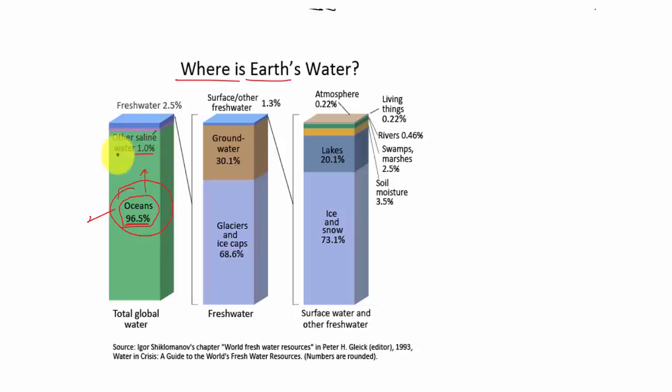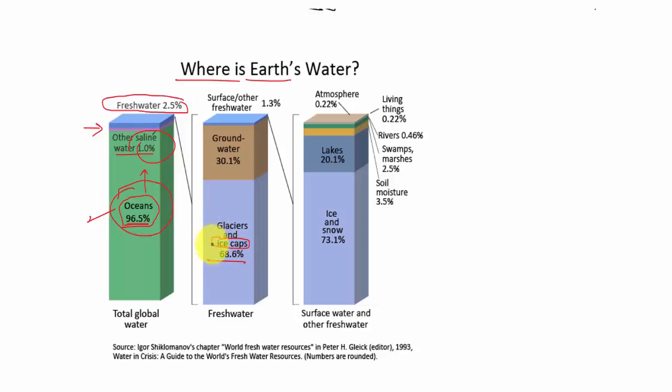Then we have other saline sources of water which constitute about 1%, such as lakes and other saline water bodies. Then we have fresh water, which is only 2.5% of the available water on the Earth's surface. Now let us see the distribution of this 2.5% fresh water. Out of this, we have glaciers and ice caps. We know that we have two major ice caps, at the north and south pole and surrounding areas.